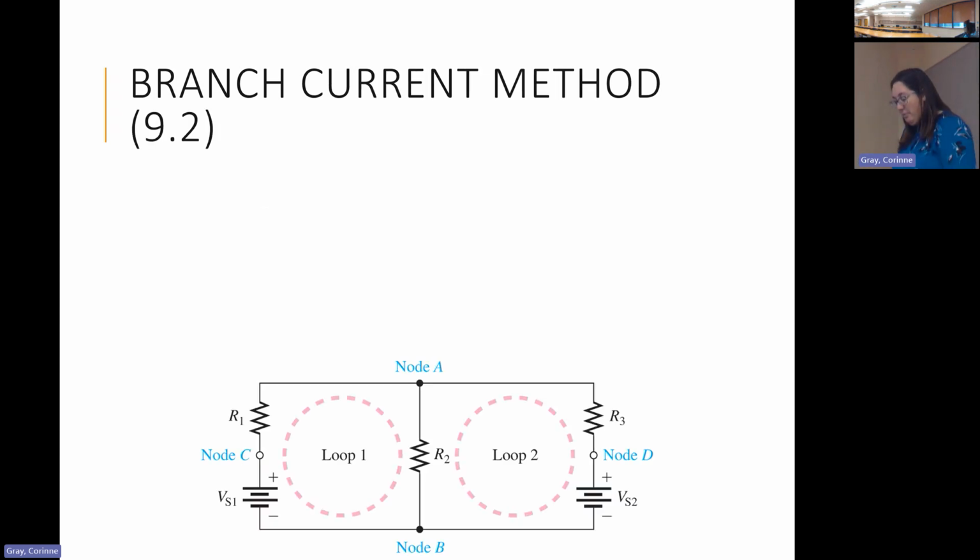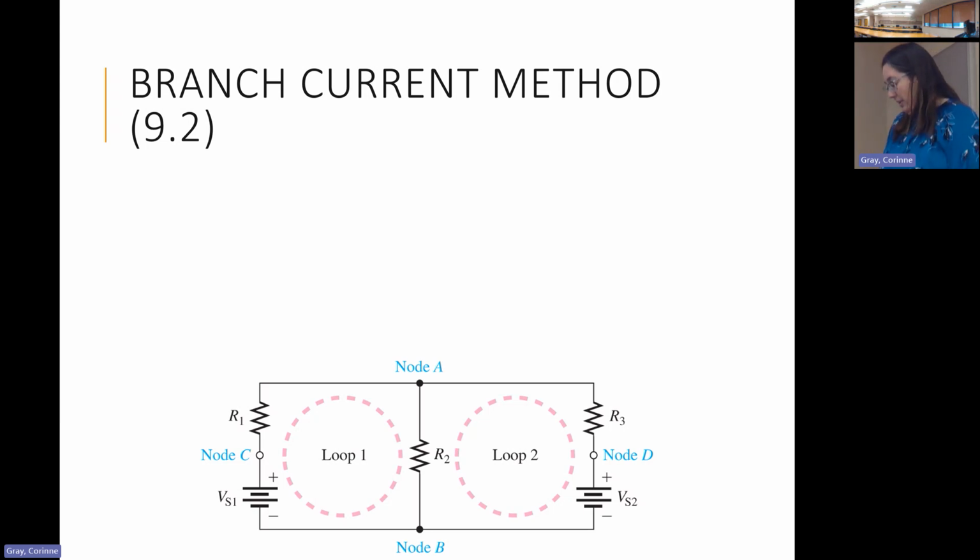So for the branch current method, this is where we are going to create two different loops in this particular type of circuit. You might have an extra loop, but here we have our two different loops. Going through and doing this, we're going to look at Kirchhoff's voltage law and Kirchhoff's current law.